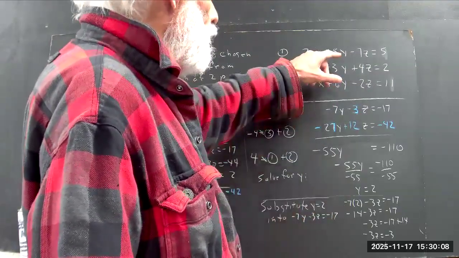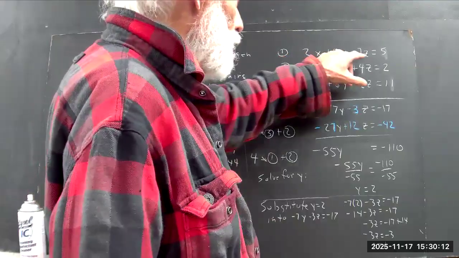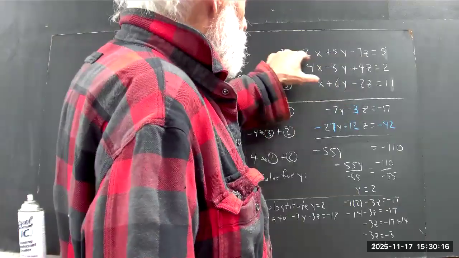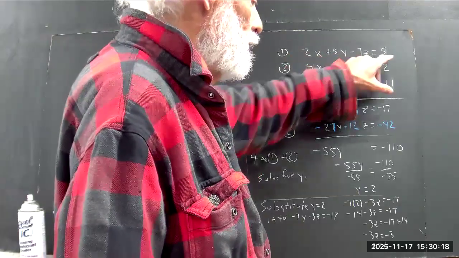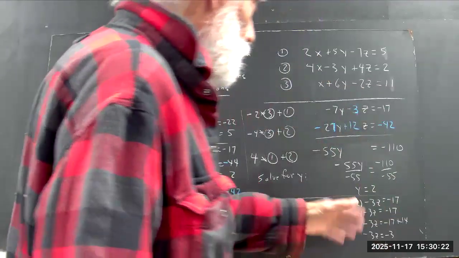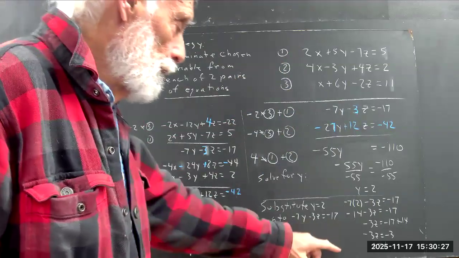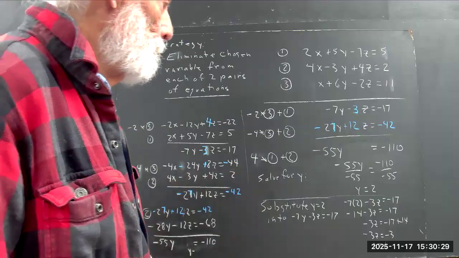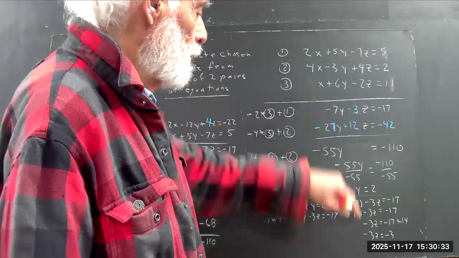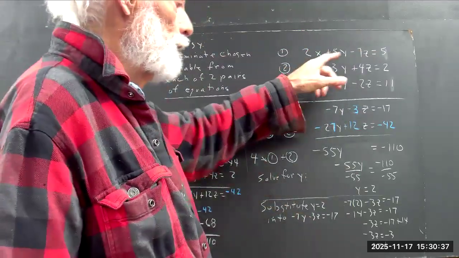If y equals 2, plus 5y is going to be 10, so we have 10 minus 7, which is 3. So 2x plus 3 equals 5, and we're going to find that x equals 1, and that works. Now you want to write that step out. I'm going to leave that as a step for you to do. Again, plug in y equals 2 here, plug in z equals 1 here, and you're going to solve and get x equals 1.